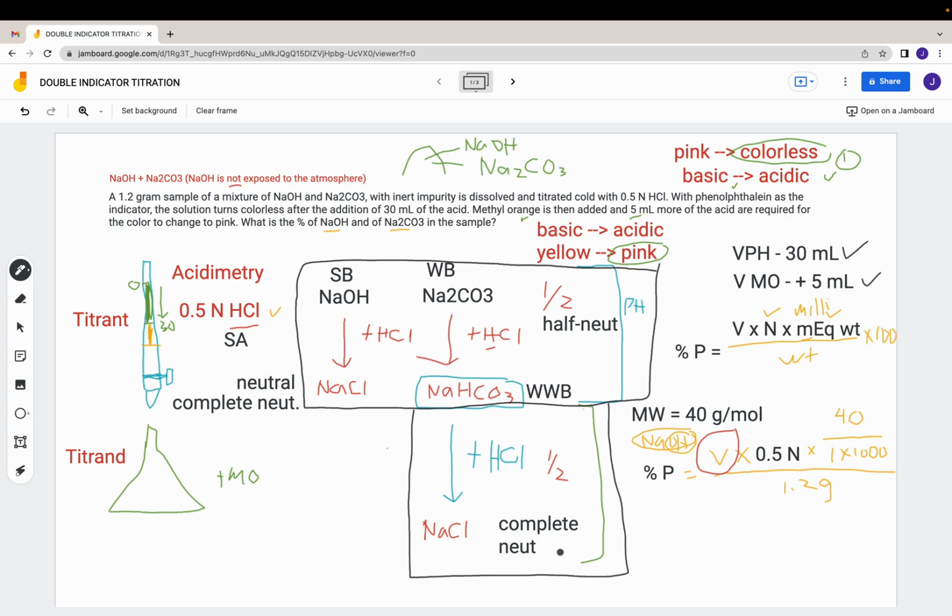Now, if this part is 5 ml, and this is the half neutralization, the other half is this one, it would mean, therefore, that for this part alone, let me mark that for you, this part alone is also 5 ml, right? So later on, when you're trying to solve for the percent purity of NaOH, what is the volume now?